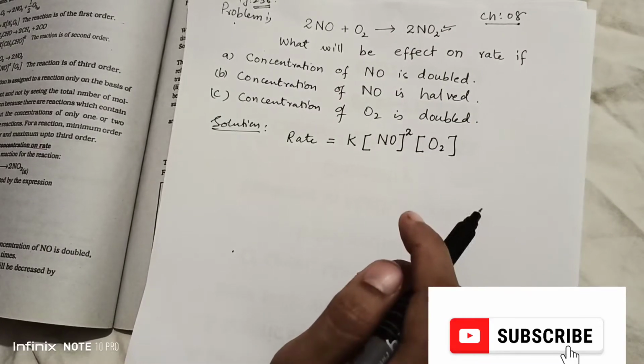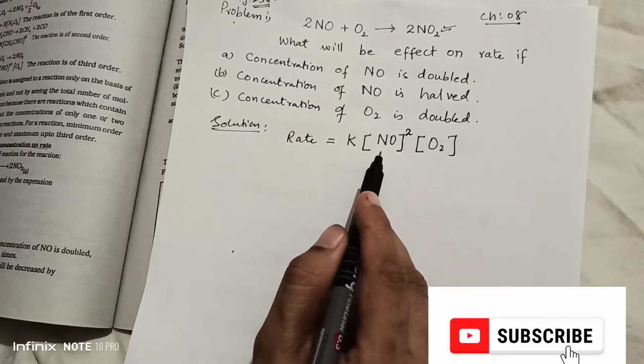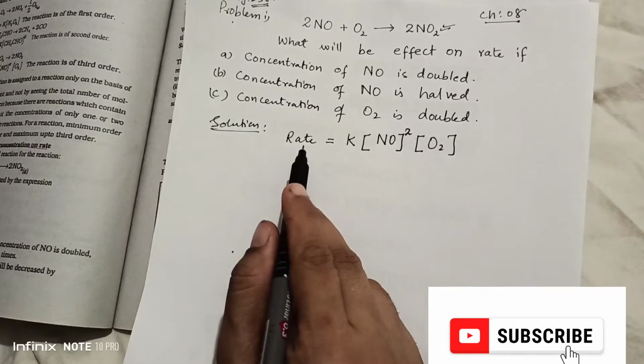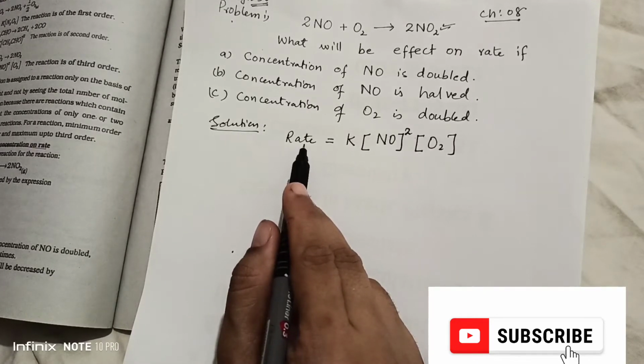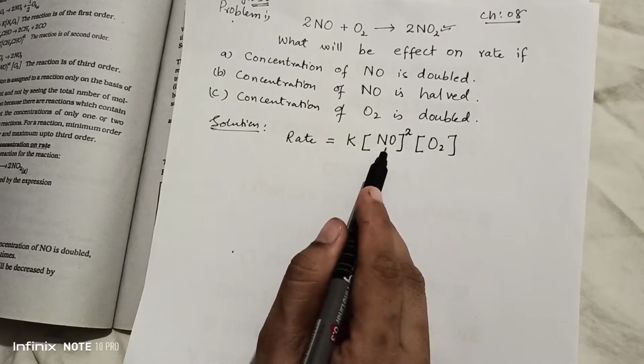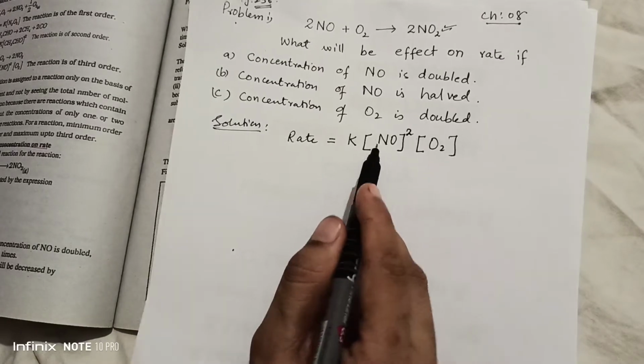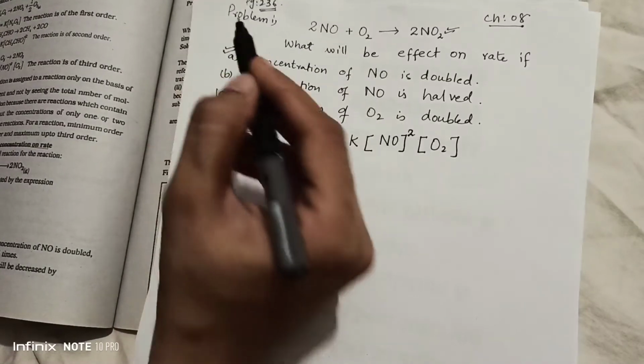According to this rate expression, the rate is directly proportional to the reactants. So let's start the A part.